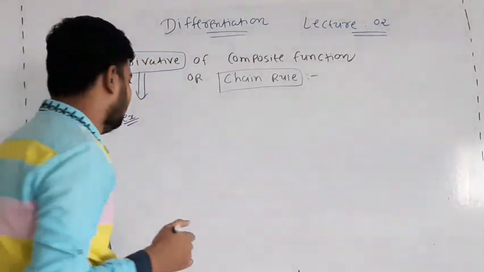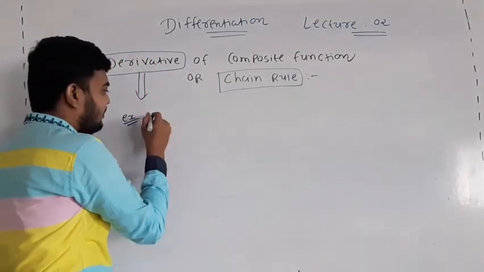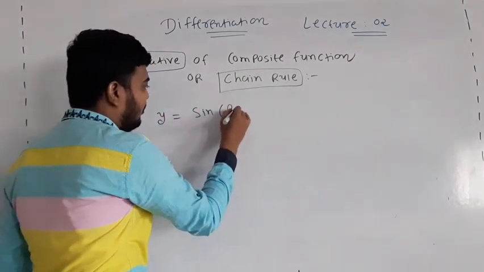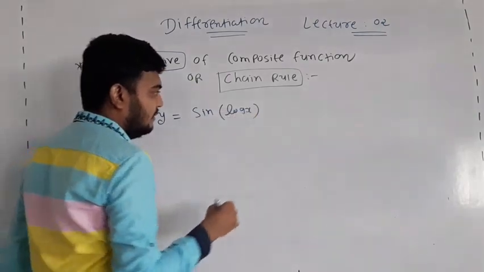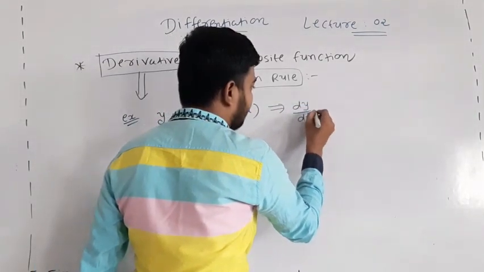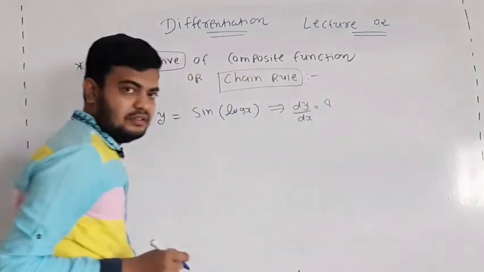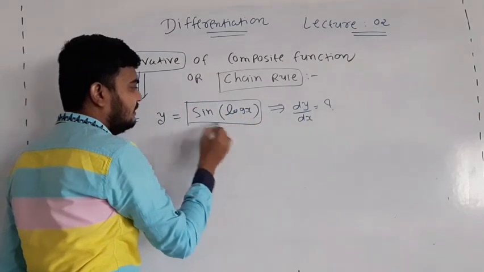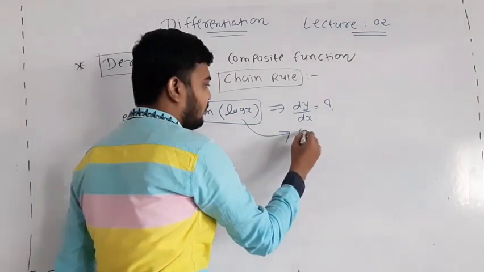through an example. So let us take one example, y is equal to sine of log x, and find dy by dx. We know that sine of log x is a composite function.